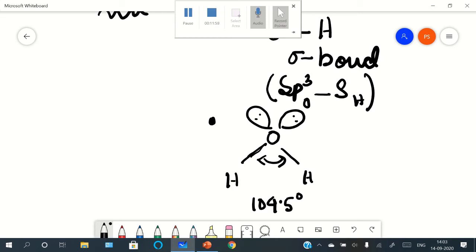This reduction in angle is due to the repulsion from the two lone pairs on the oxygen atom, making the bond angle reduced in magnitude. Thus, this shape has deviated from the actual tetrahedral shape, and the shape is called bent shape.